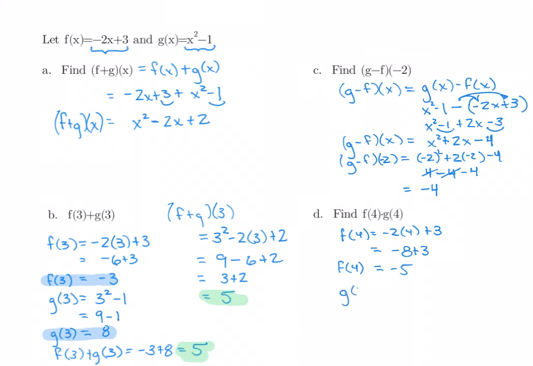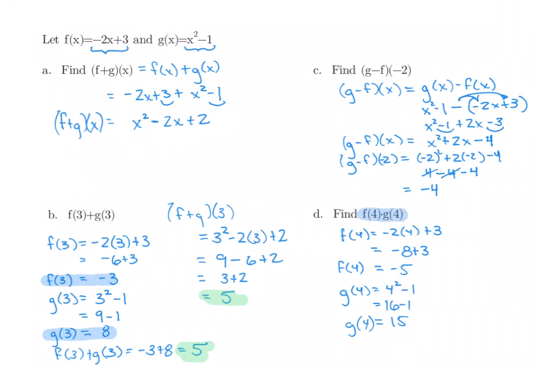G of 4, if we plug in 4 to our g equation, we get 4 squared minus 1. This is 16 minus 1, or 15. Now what did we want to do?